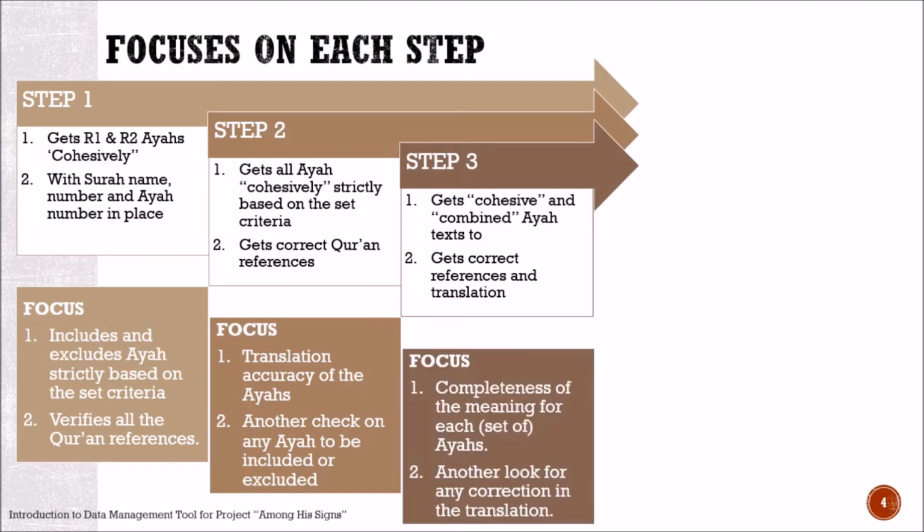So the focus for step 3 would be to check the completeness of the meaning of each ayah or each set of ayah, given that we have combined it. And also we are going to look at the translation one more time. So we are including and excluding twice in 2 steps. We are checking the translation in 2 steps. And we are going to be looking at the completeness of the meaning in step 3, and that ends our Excel work.